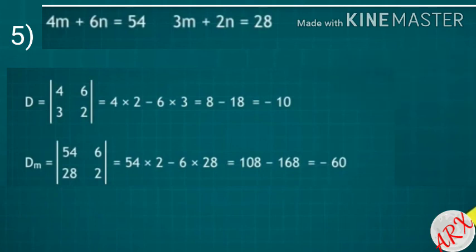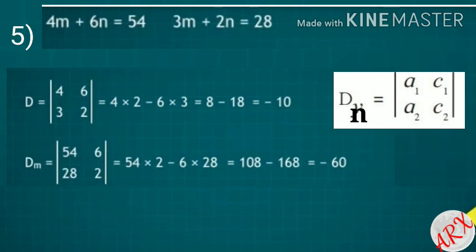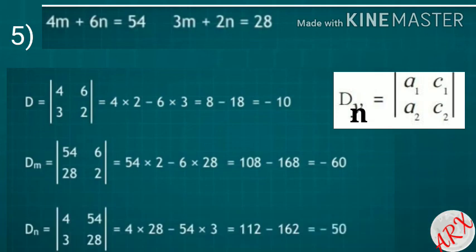Now we will take determinant Dn, which will be a1, c1, a2, c2. After putting values, we get 4, 54, 3, 28. After solving, 4 into 28 minus 54 into 3 equal to 112 minus 162 equal to minus 50.